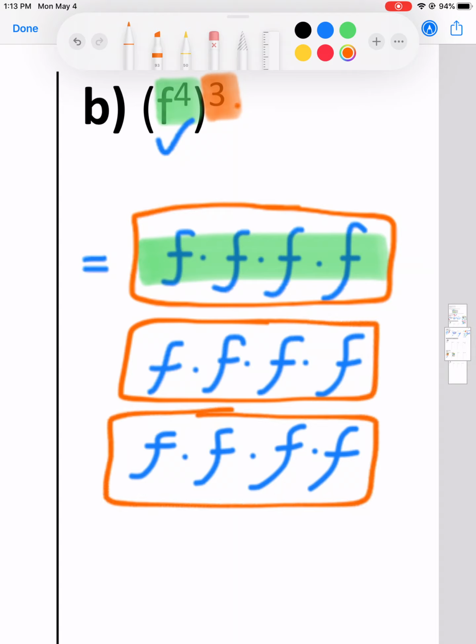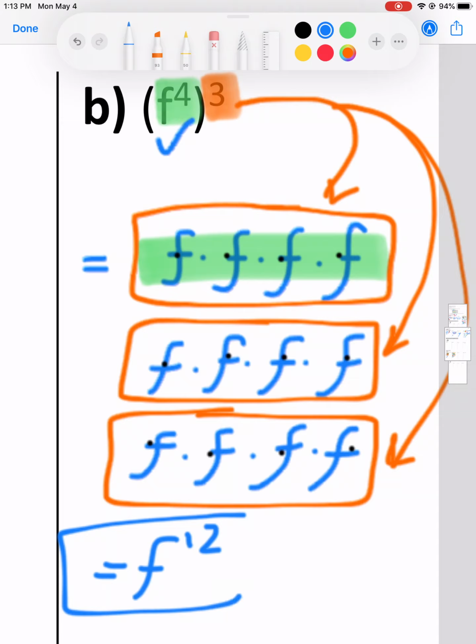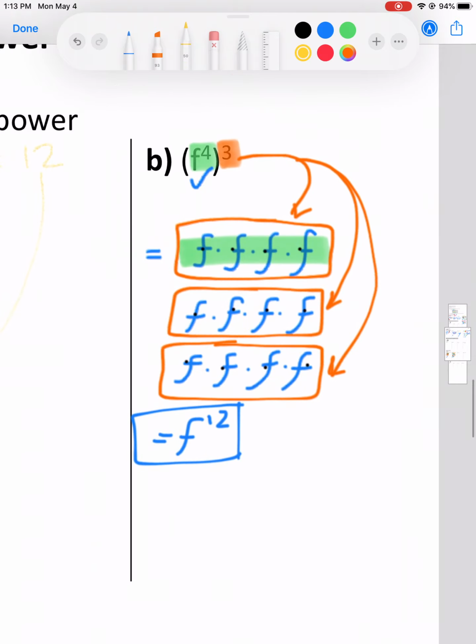So 1, 2, 3, that's this. 1, 2, 3. Okay, well, how many do I have total? 1, 2, 3, 4, 5, 6, 7, 8, 9, 10, 11, 12. F to the power of 12. That's my final answer. What's 3 times 4 or 4 times 3? 12.